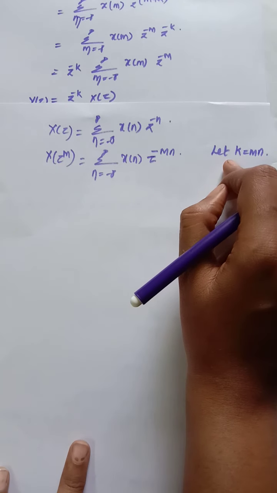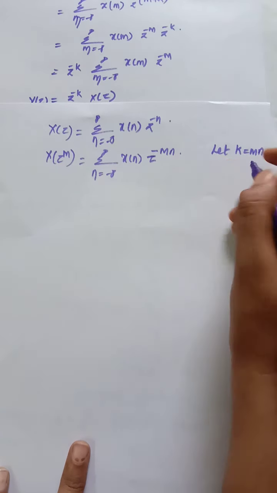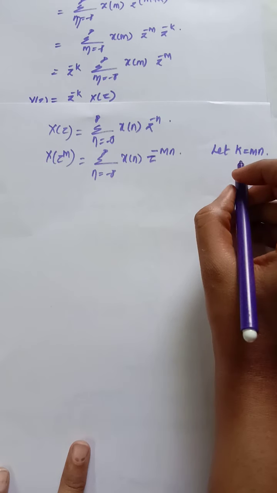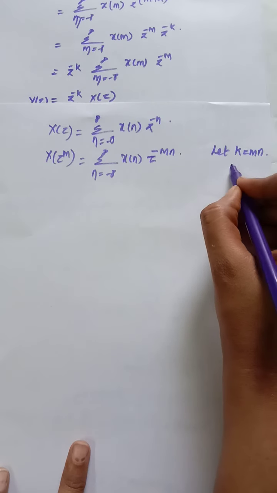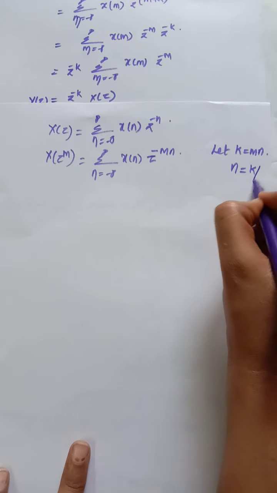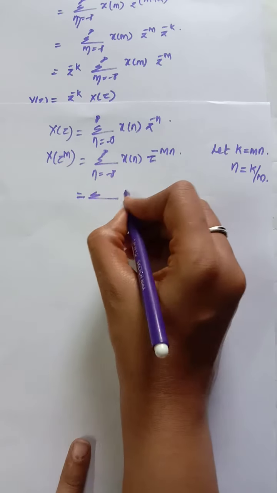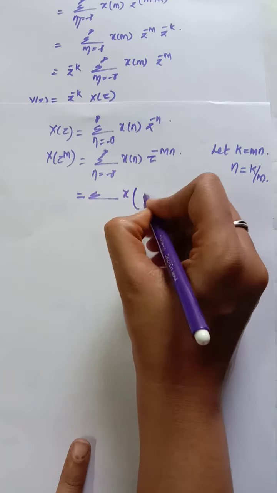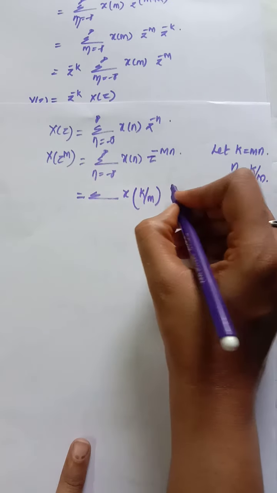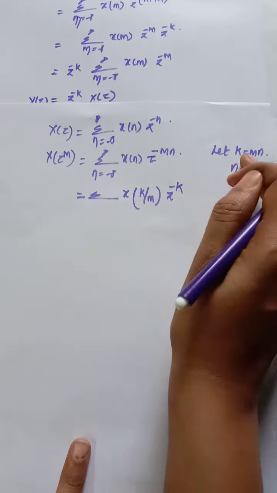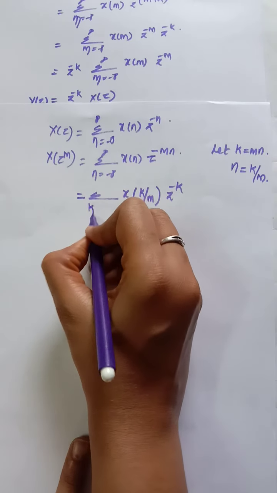Now I am going to substitute k equal to m into n, and when I substitute k equal to m into n, n can be written as k by m. Now substituting in this x of n by m, first we substitute n equal to k by m. Here z power minus k, instead of this I am writing z power minus k.